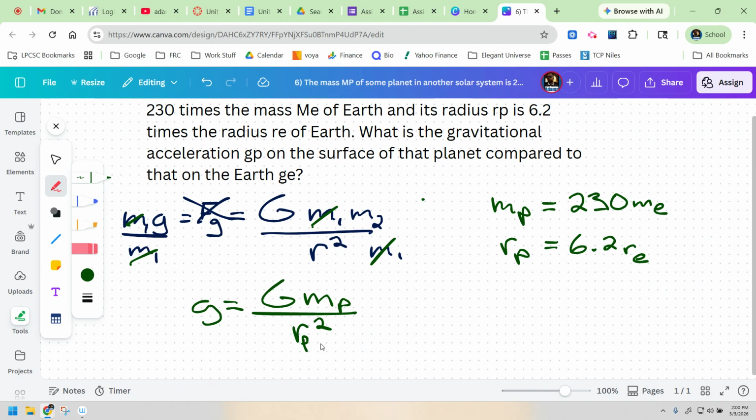Or you could do a proportion. So how do you guys want to do it? Do you want to look up the mass of the Earth, create a new number, or do you want to do the proportions? You look it up. All right, let me just show you how to do this.